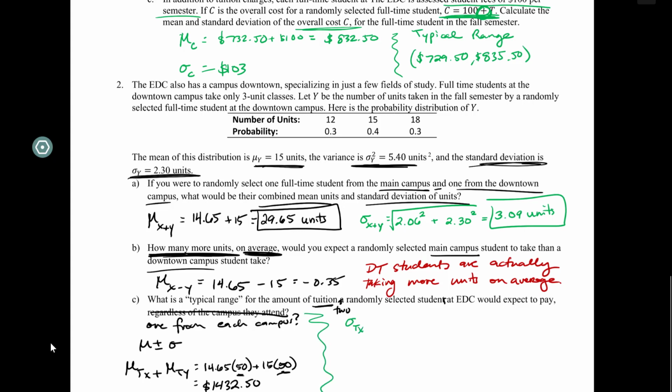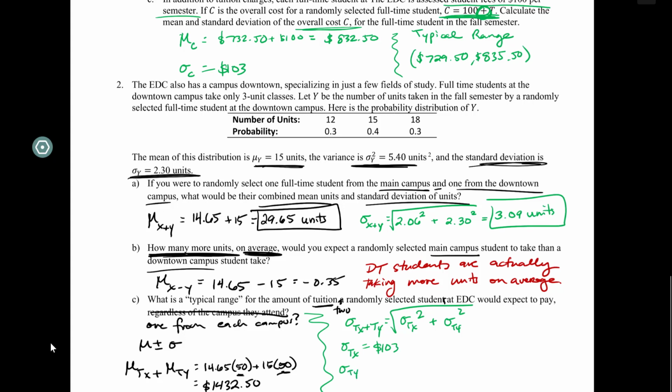Next we need to calculate the combined standard deviation. To combine these two, we are adding them together, and we remember that our process is to square, add, square root. The problem is I don't have the transformation into tuition yet for both of these. I do know that sigma of t from the main campus, the tuition, was $103. We already did that transformation.